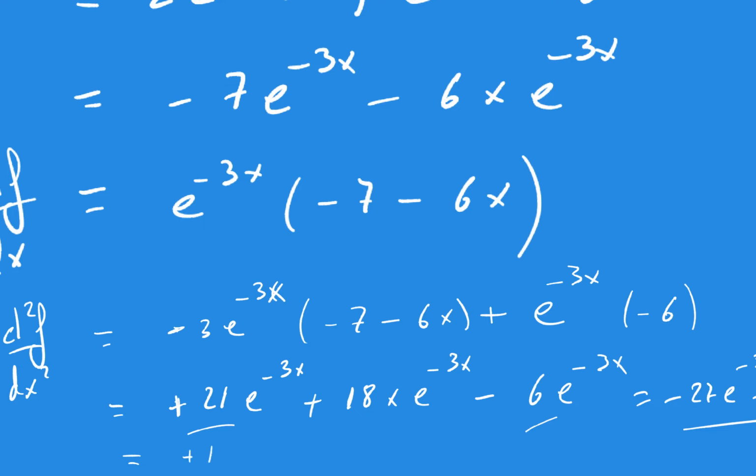It is plus 15 e to the minus 3x plus 18x e to the minus 3x. And this is the final result. Well, you can compress the result by factoring e to the minus 3x multiplied by 15 plus 18 times x. This is the final result.